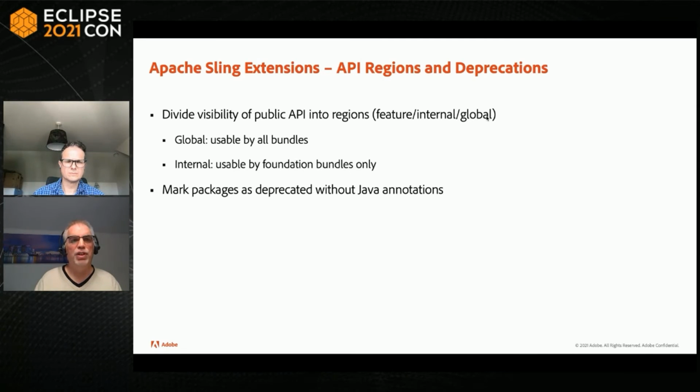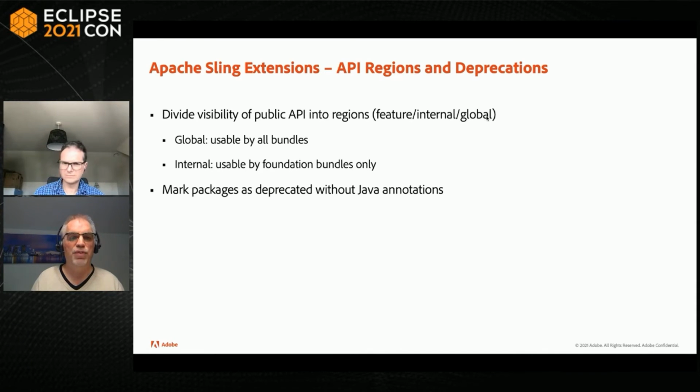If you think about a feature, it has a lot of bundles with public API, but you don't want that users of your feature are able to use all of that public API of those bundles within that feature. So you want to restrict that. And this is where these regions come in. So you can specify, it's all based on packages like bundles, whether packages can be used globally by everyone in your application or only by parts of the system.